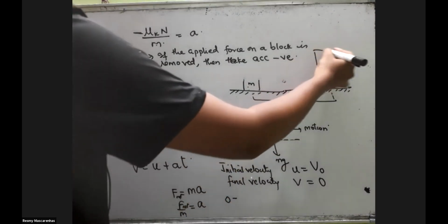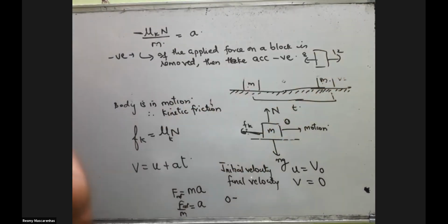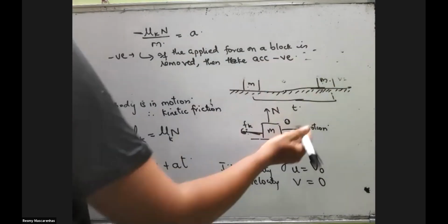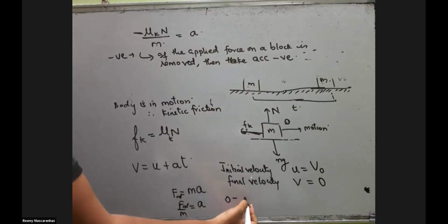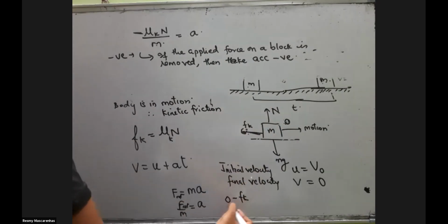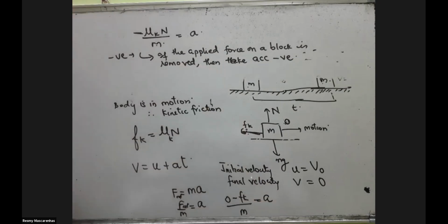How did we solve earlier? If this was 12 and this was 8, we used to solve it as 12 minus 8. That was F net, because they were in opposite direction. But now this applied force is missing, so that has been removed. So straight away it will be 0 minus F of k. That is how you get this as negative.